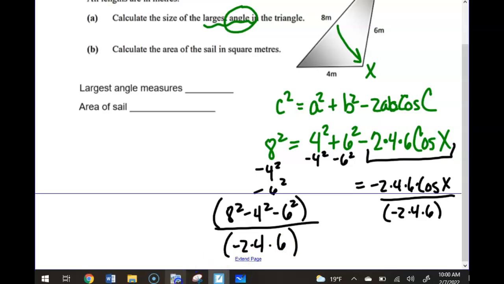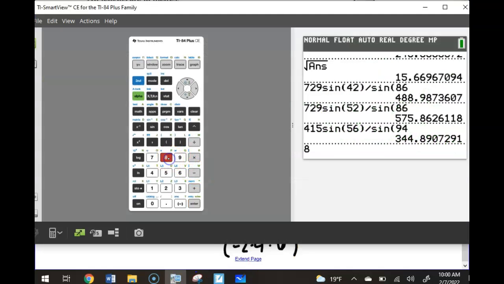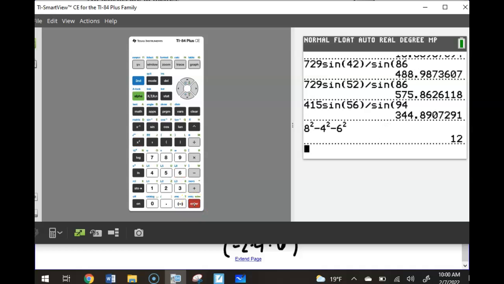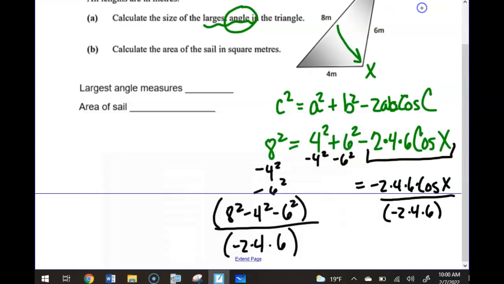I'll do it in 2. 8 squared minus 4 squared minus 6 squared gives me a 12 on the top, and the bottom is a negative 2 times 4 times 6, which is a negative 48. Which is the cosine of x.